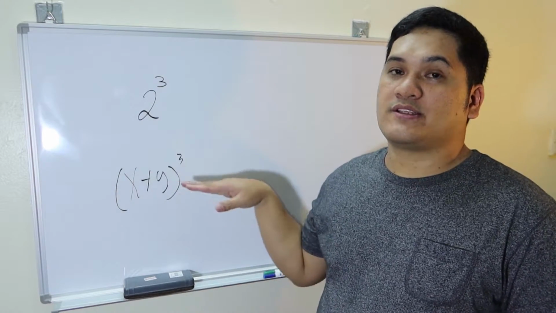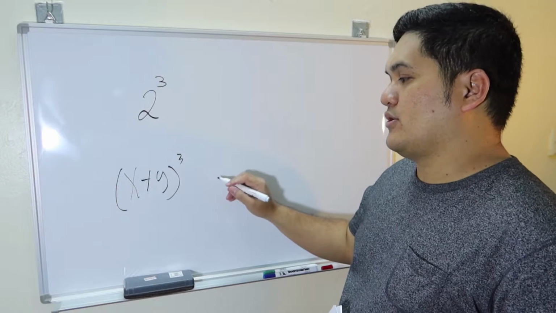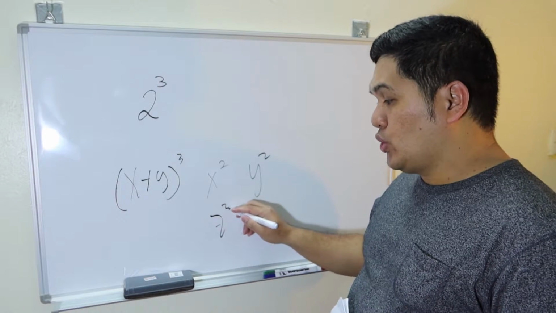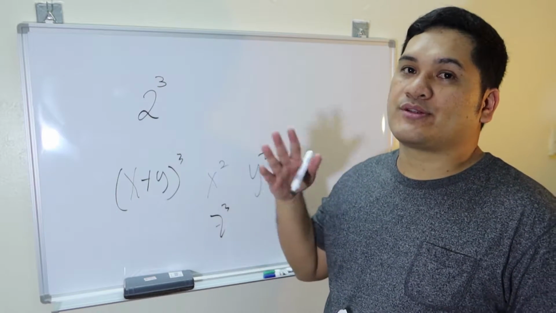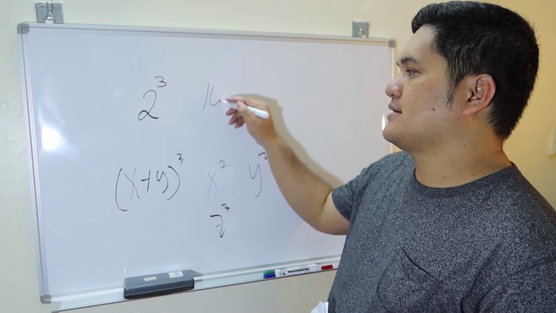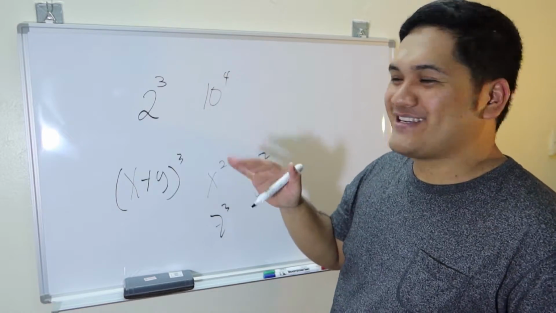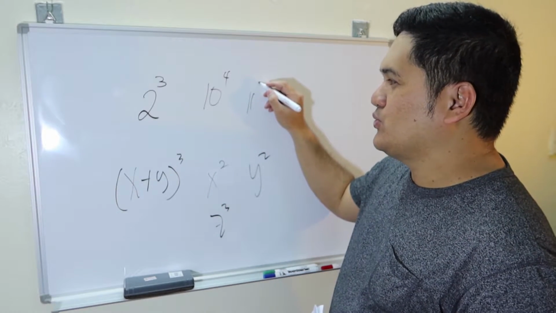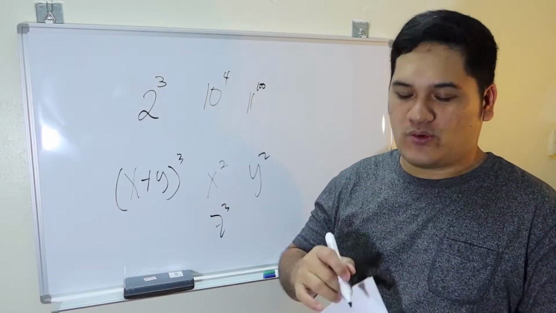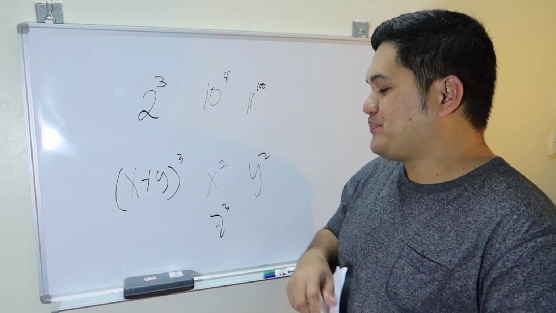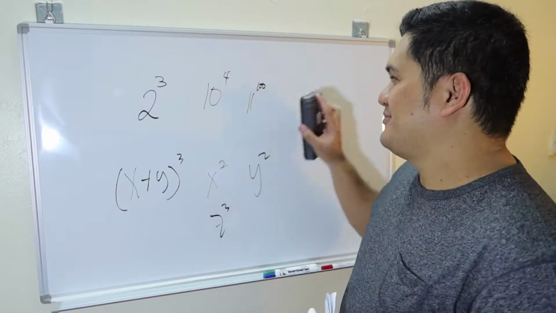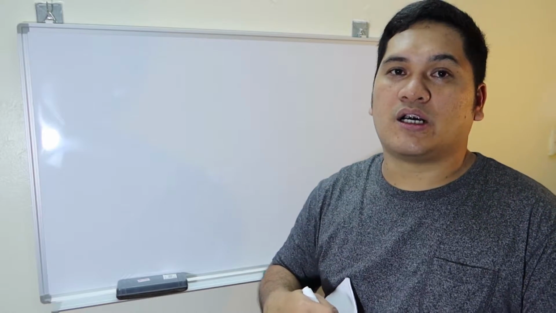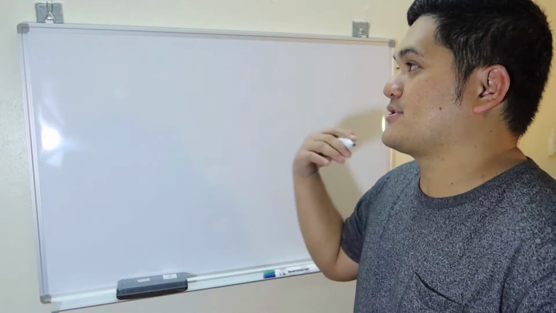An expression could also be written as x squared, y squared, z cubed. And a number is like 10 raised to 4 or 11 raised to 100. So like this one, a number raised to a certain power.